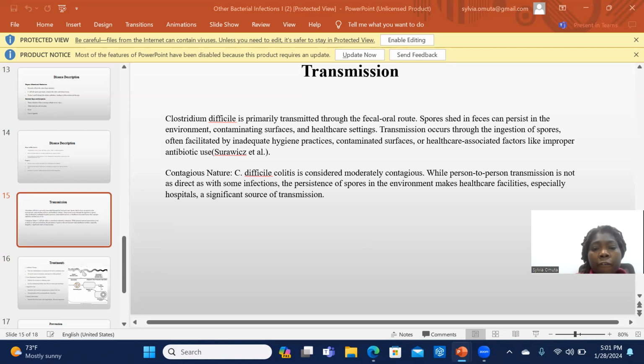Contagious nature: C. difficile colitis is considered moderately contagious. While person-to-person transmission is not as direct as with some infections, the persistence of spores in the environment makes healthcare facilities, especially hospitals, a significant source of transmission.